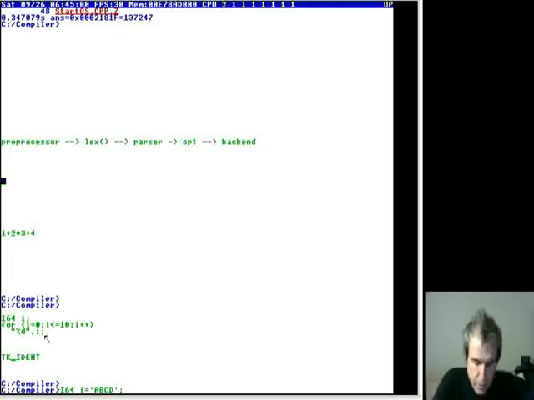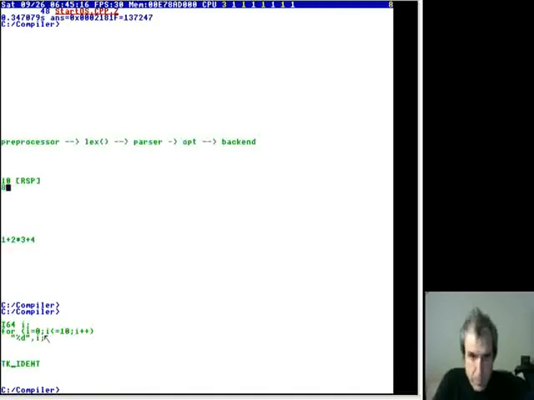Anyway, one of the things you have to know is assembly in order to do a compiler. You have to know the stack frame.